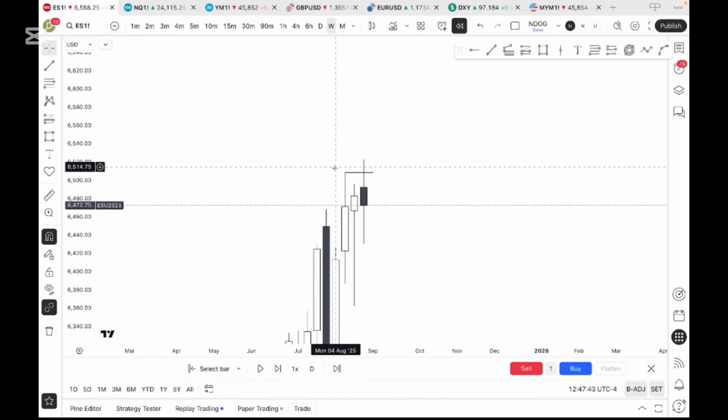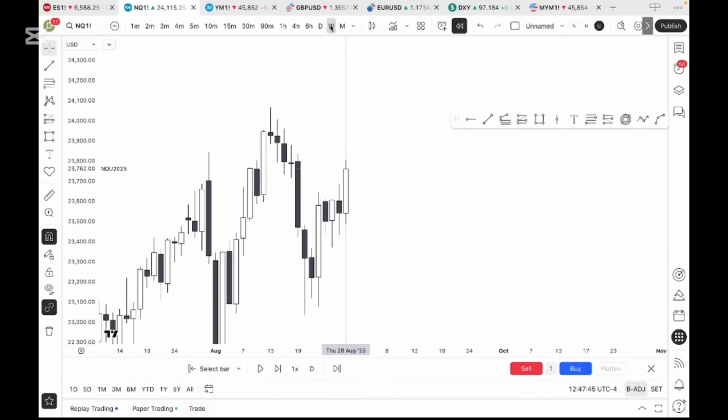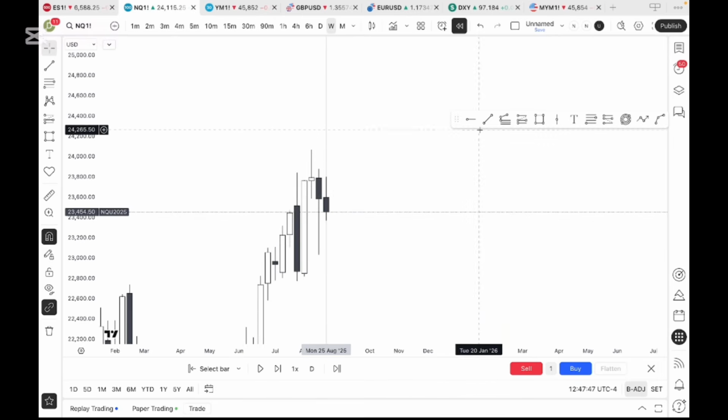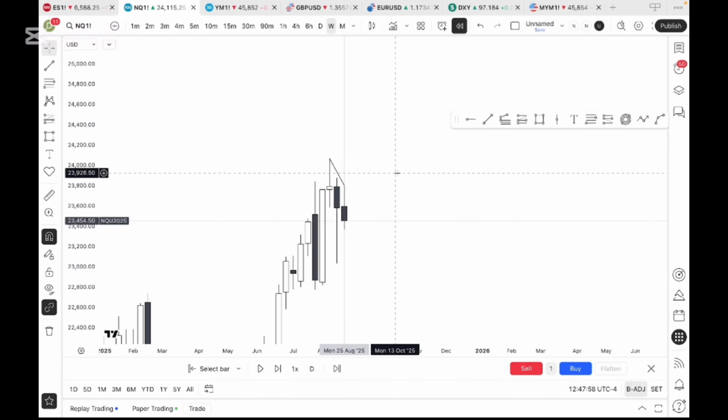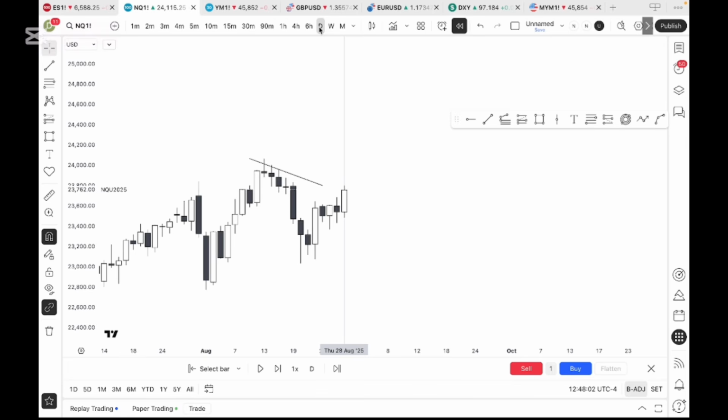So when ES takes out that same high, while NQ still holds that SMT, and we also have a monthly sequential SMT, which is just an SMT between weekly candles, we can now expect a downwards move. And what else do we have?